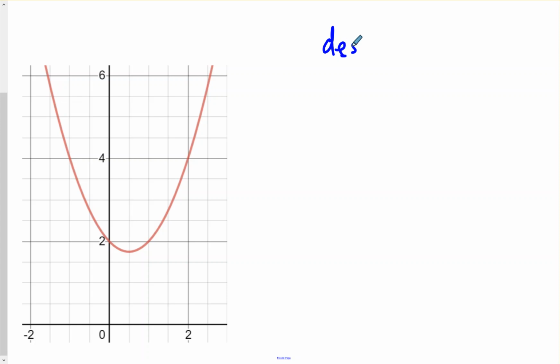If you're working on homework or just doing practice problems, I would recommend desmos.com. Type in the equation and it graphs it for you on the fly.